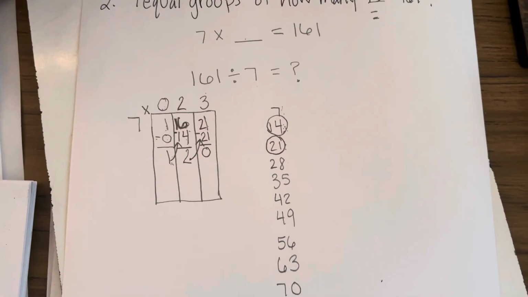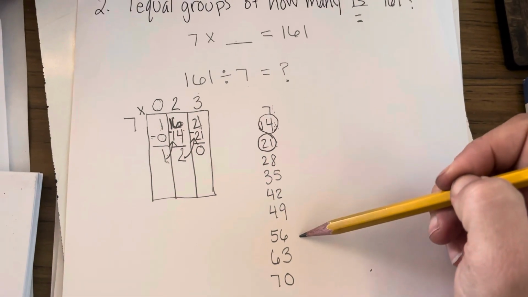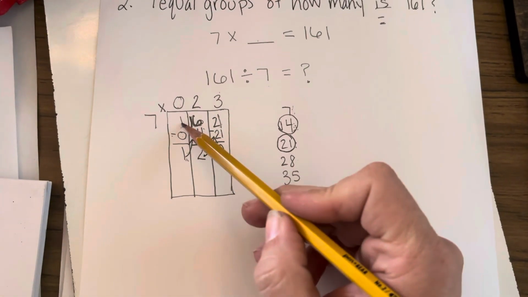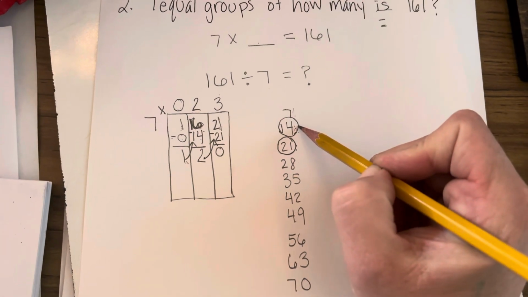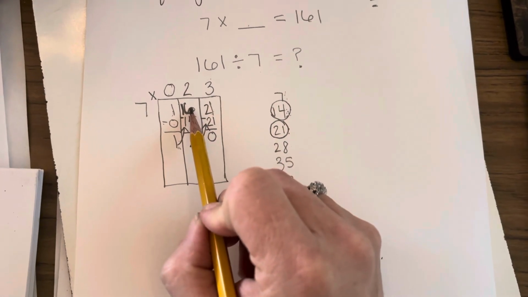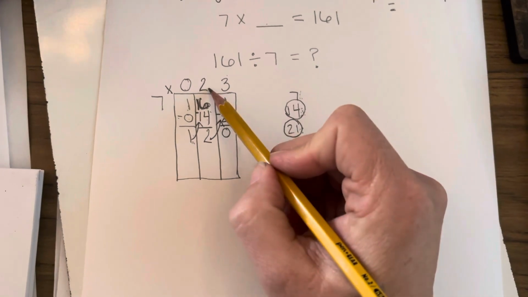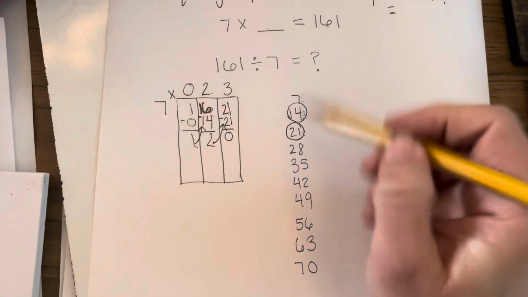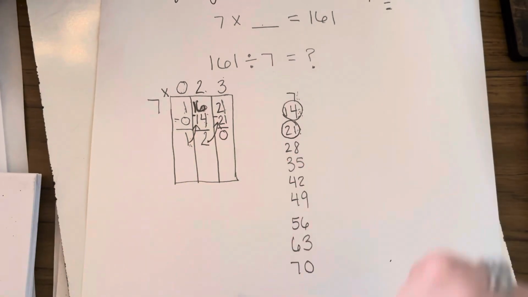Okay? Biggest things you have to remember. You have to write out your skip count list. When you go to look at what you're skip counting to, you get as close as you can without going over what's in the box. The number of times you skip count goes on top in that column, and then what's in the circle goes in the box for you to subtract from.